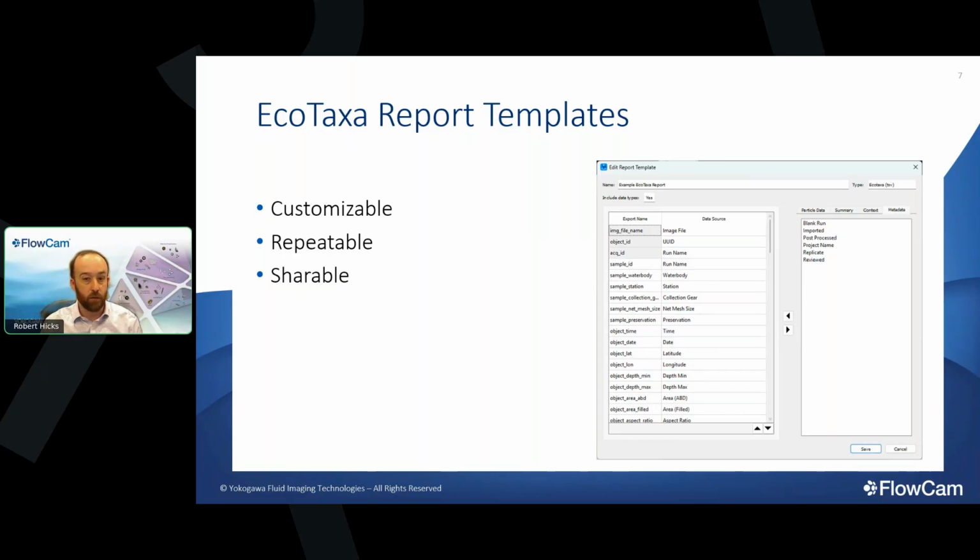These templates are customizable and reviewable, but they're also shareable. And that's going to be kind of one of the biggest adds here is the ability to share these templates and all work using the same templates, pulling the same data into your projects on their platform.